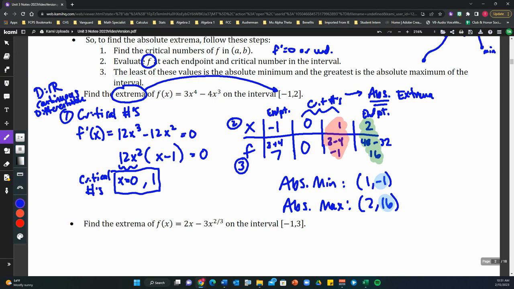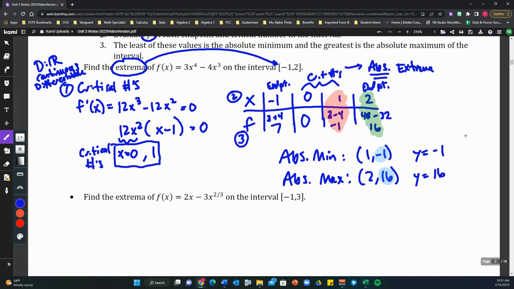If it's asking for coordinates, then we give both. But again, sometimes it may just want the y-coordinate. So we could just be answering, what is the absolute minimum value of the function on the interval? Well, that would be -1. What's the absolute maximum? That would be 16. So how we present our answer is really a case-by-case basis, depending on what exactly the software or format is asking for.